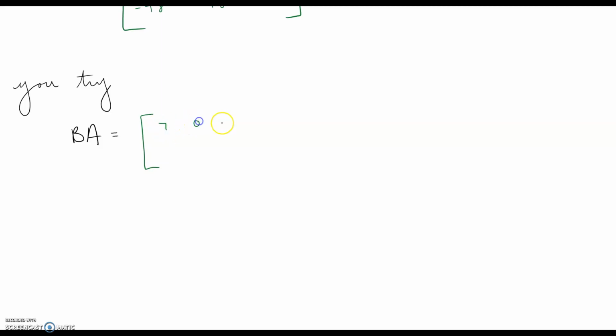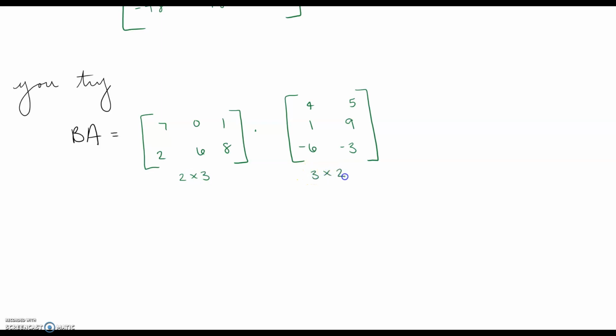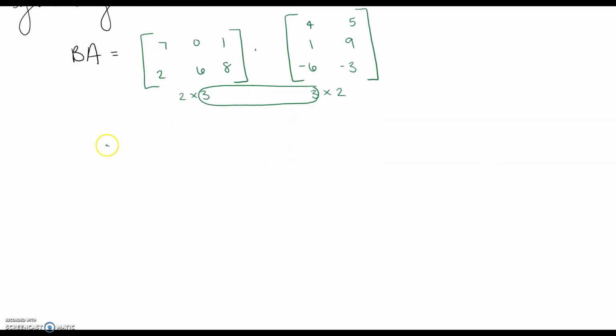B is 7, 0, 1, 2, 6, 8, and we're multiplying that by 4, 5, 1, 9, negative 6, negative 3. So this is a 2 by 3, and this is a 3 by 2, and we need these to match. Since they do, we can now multiply.